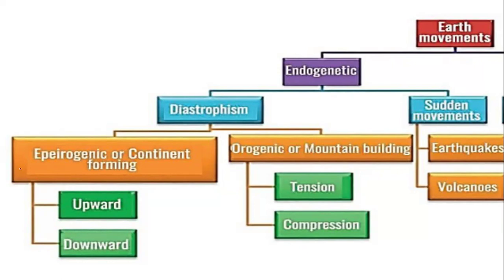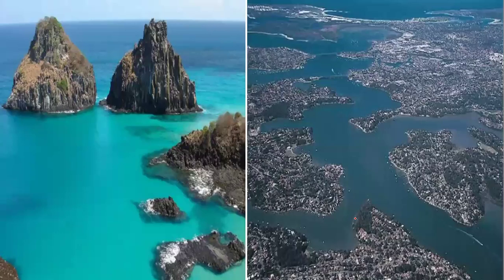Now, epeirogenic movements or the continent forming movements, in this, the movement takes place upwards and downwards. Orogenic or mountain building movements, these are the tensional forces and the compressional forces, due to which the submergence or upliftment of land takes place.